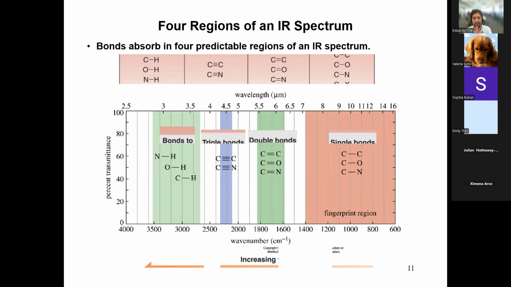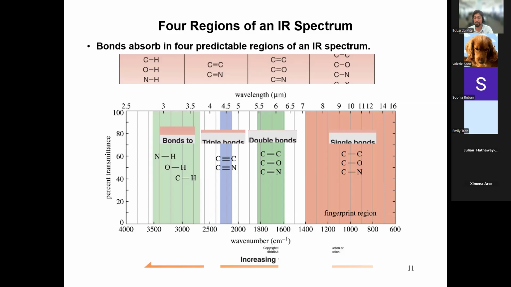This is where I want to make a very clear distinction, because depending on your professors, if you take other professors at other schools or if you speak to other chemists in other places, everybody has a different definition of what constitutes the fingerprint region. This means that these peaks are not necessarily the first peaks we look at. This is kind of the last place we look. We read the spectra from left to right.